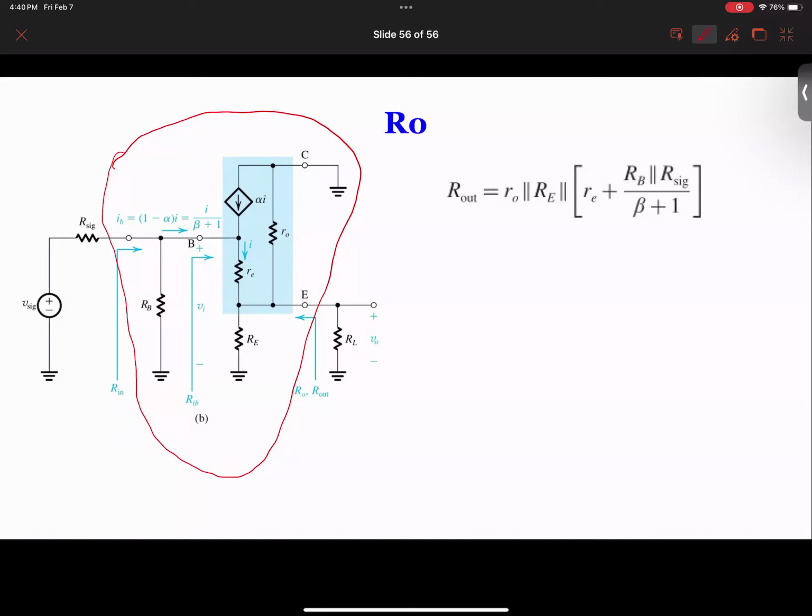I don't remember it, so it's okay to write it down so that you can reference it later. Using the same procedure, we can also find the input resistance and so on. That will be a little bit easier once we go on to analyze generic amplifiers in the future.